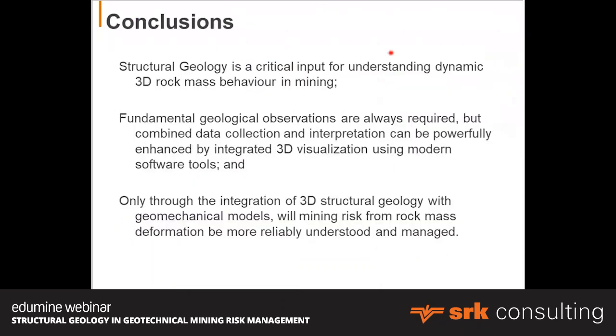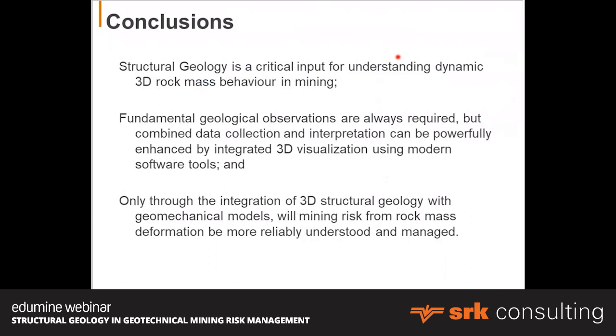Right, so that concludes this introduction into how structural geology impacts risks in mining. It's obvious that structural geology is a critical input into understanding how the rock mass behaves in mining.